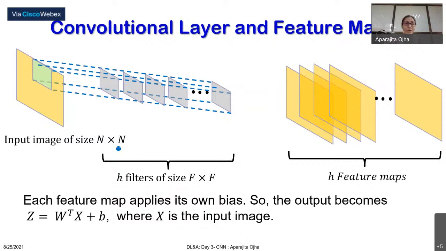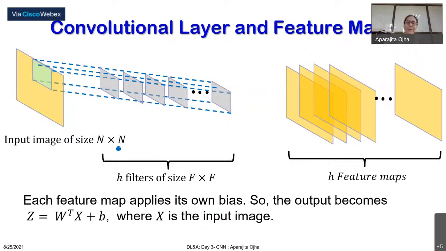The image can be an RGB image, a grayscale image, or a satellite multi-sensor image. It can be RGB alpha, where alpha is a transparency factor in an image, so a 4-channel image. Whatever is the input size, the output depth or output volume will be determined by the number of filters that you choose in your convolution layer.